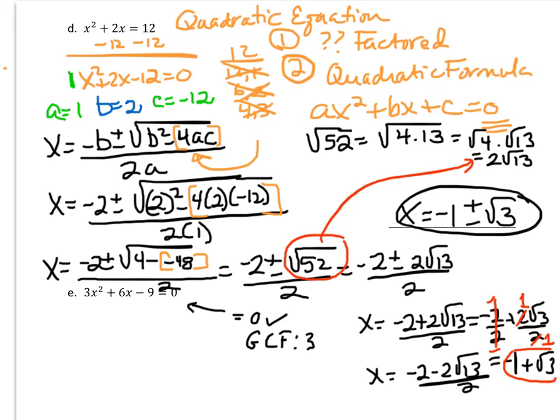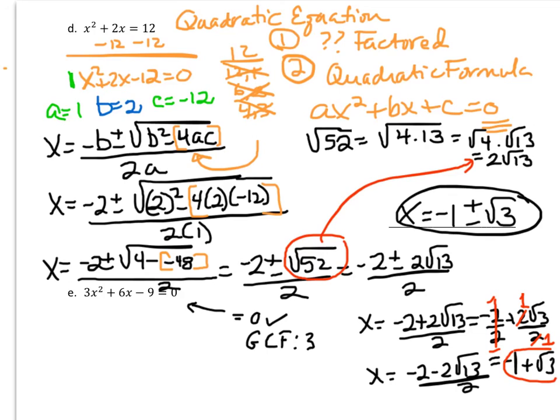If there's a greatest common factor to every term on the left-hand side, it would help us if we were factoring it, and even if we were using the quadratic formula, because we wouldn't have to do so much reduction in the end like we did in the problem above. It would help us to simplify our answer.